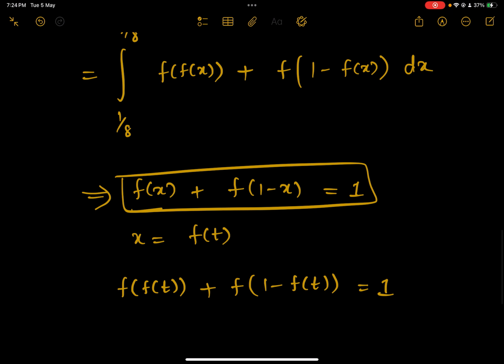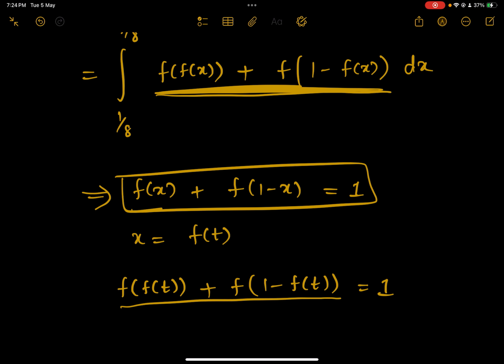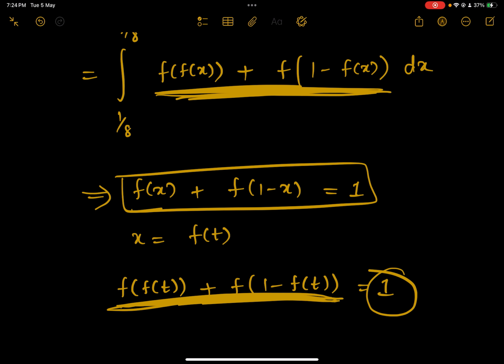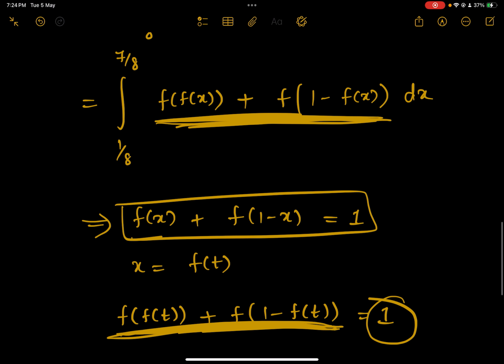So if you observe, the integrand in this particular integral looks exactly like this, which means that the value of the integrand is simply 1. Were you able to make this observation? This observation was the reason why I have chosen this question and I'm posting it. So let me know in the comment section if you are able to make this observation and if you enjoyed this particular problem. Alright. So now it is all easy peasy.